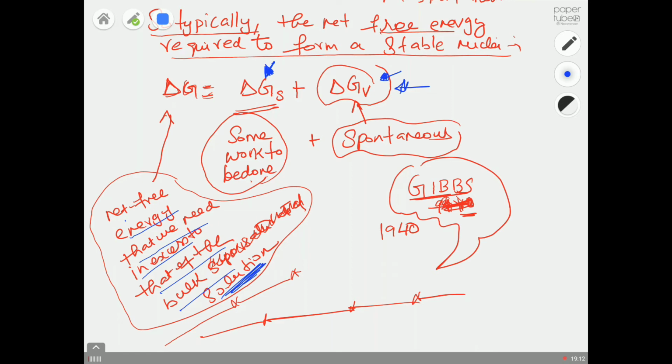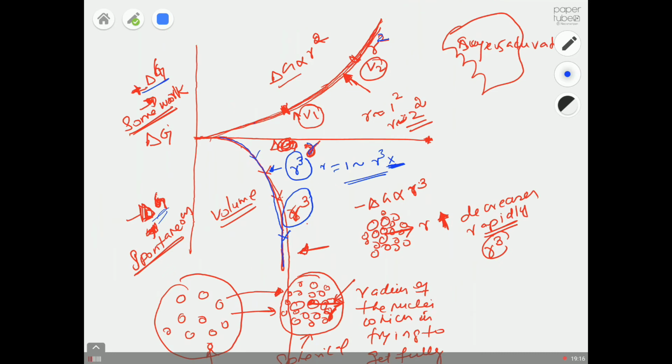So it's the sum of these two quantities. If we want to calculate delta G, the net free energy that we need in excess to that of the bulk solution to create a stable nuclei, all we need to do is sum these values. Let's put some highlighter.